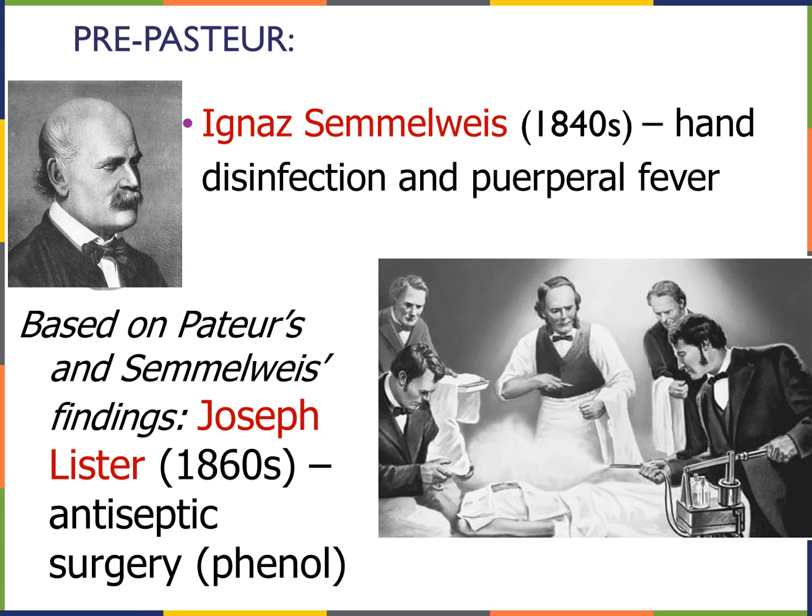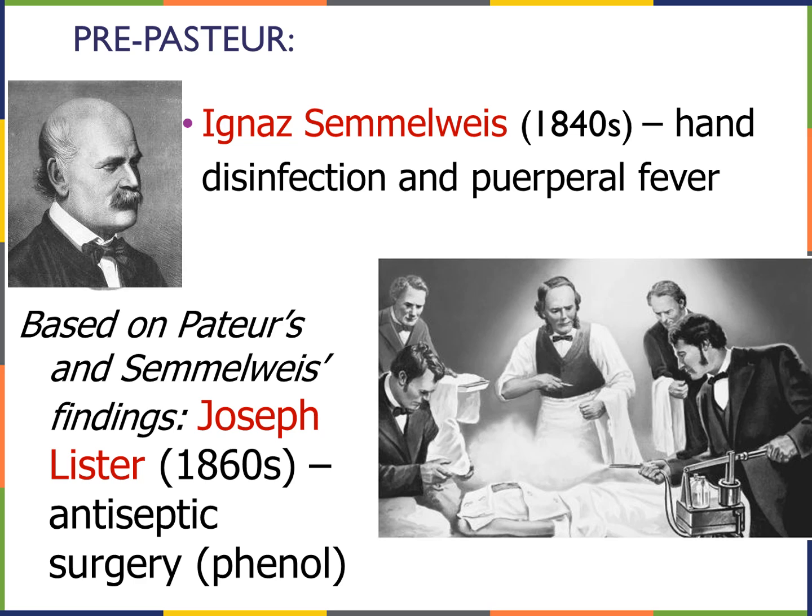Okay, so now let's take a look at medical microbiology. Let's talk about the first guy, Ignaz Semmelweis. The year was around 1840. So imagine you're female, it's time for you to give birth, you're going to the hospital to give birth, the doctor comes in to deliver the baby, he has not washed his hands, he's not wearing gloves, there's no type of sanitation.